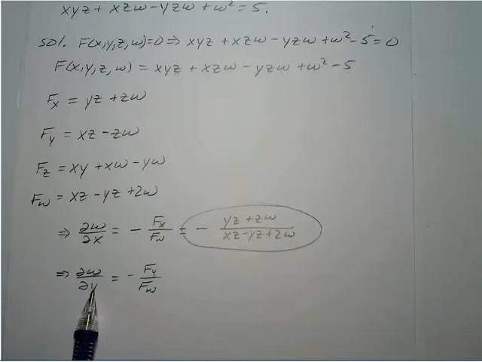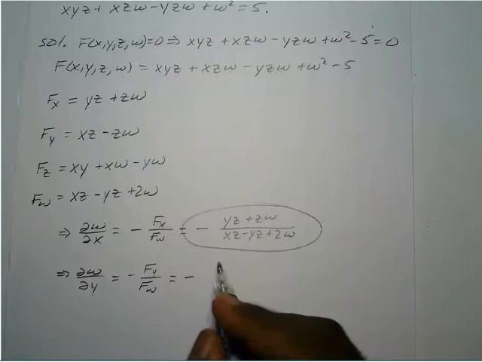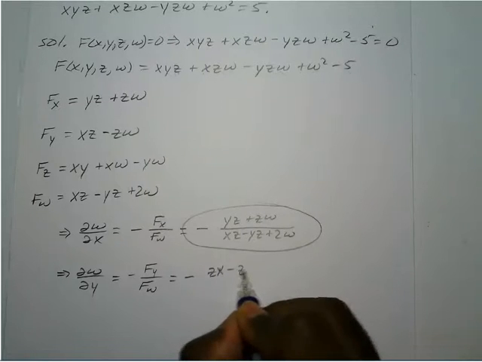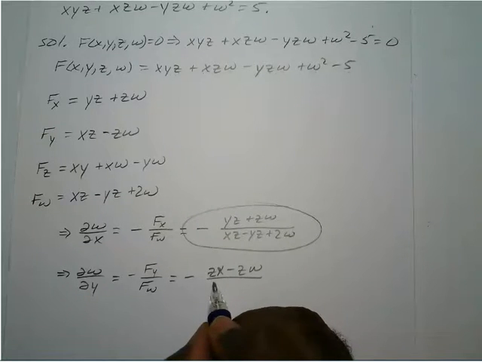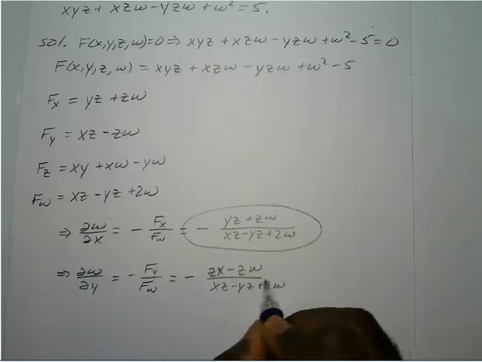With respect to y, partial with respect to y up top, with respect to w on the bottom. So that's going to equal negative our partial with respect to y, which is xz minus zw, or zx minus zw, doesn't matter, over our partial with respect to w, which is xz minus yz plus 2w.